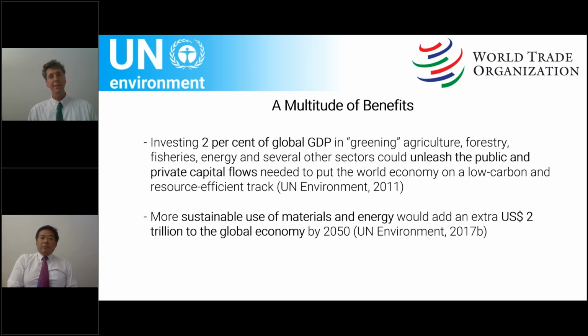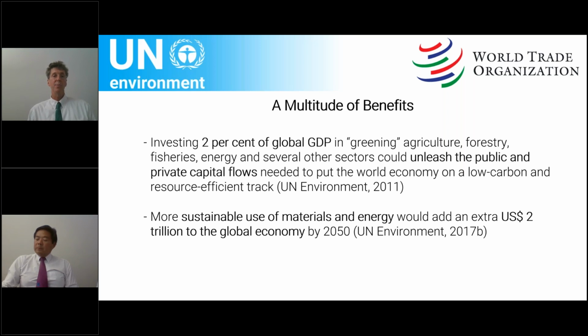And the results were really interesting because with a fairly marginal level of investment, you can actually generate large benefits, not only for the environment, which is important, but also for jobs, income, and basically growth, which is what we want, sustainable growth that doesn't destroy our resource base.